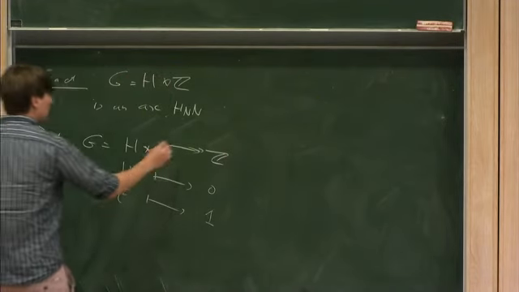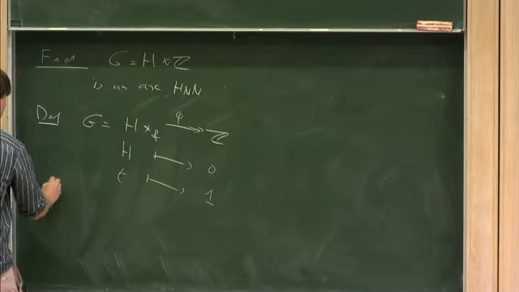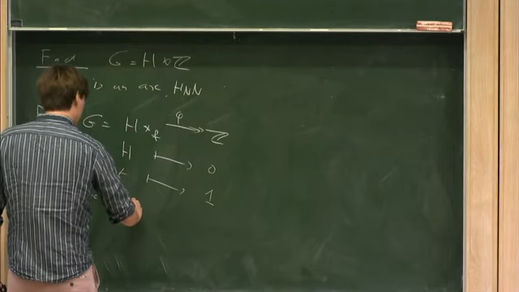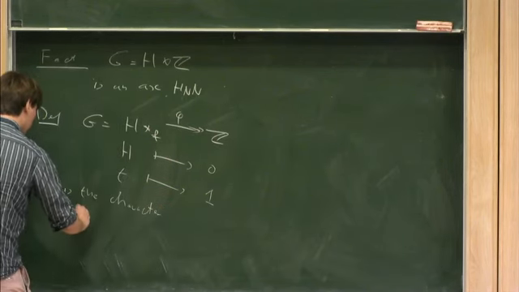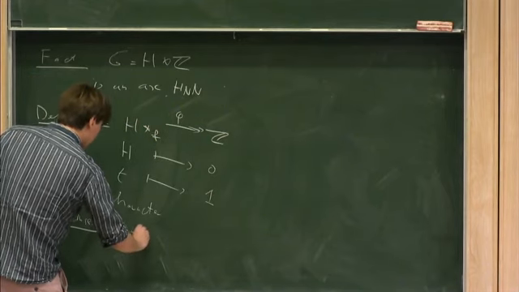Okay, so this map is called phi, and phi is the character induced by the ascending HNN extension.